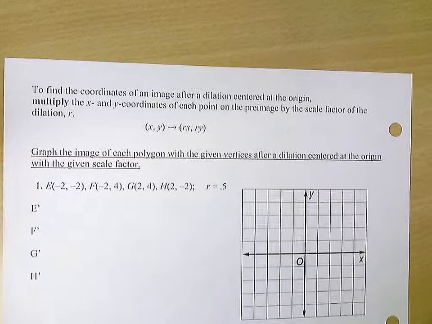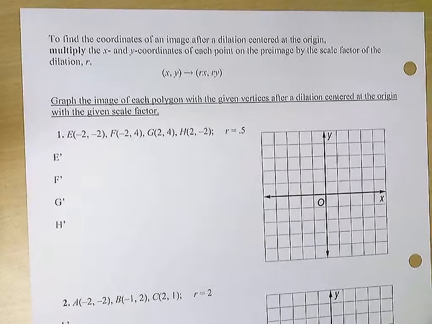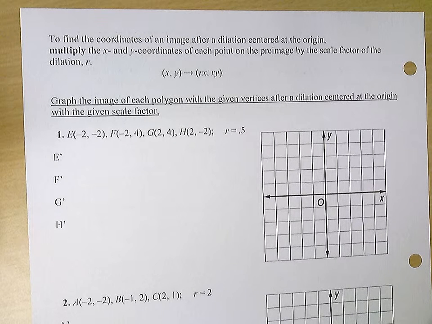All right, then the next section here. This time we're going to be given a scale factor and we're going to have to actually plot our dilation on a graph. So to find the coordinates of an image after a dilation centered at the origin, multiply the x and y coordinates of each point on the pre-image by the scale factor of the dilation r.